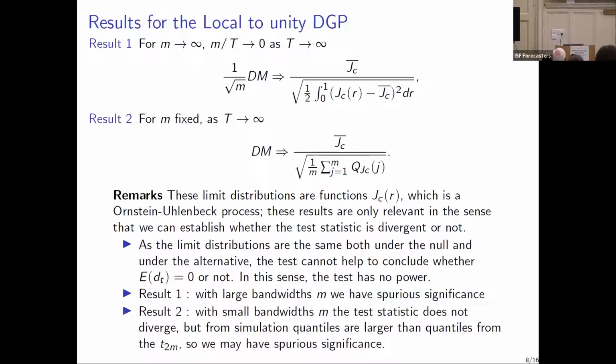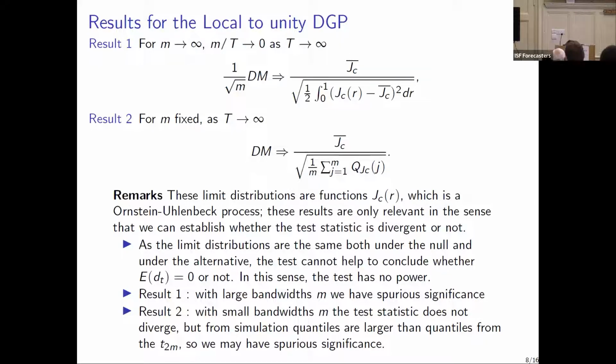And what you see, if you see result 1, it's neither under the null or under the alternative. So this statistic is always diverging because it's standardized by square root of m. So the statistic itself is always diverging. If you keep m fixed, m equal to 1, the statistic is still converging to something which is fairly complicated, but most importantly, the quantiles of this thing are much further away from the quantiles of the normal.